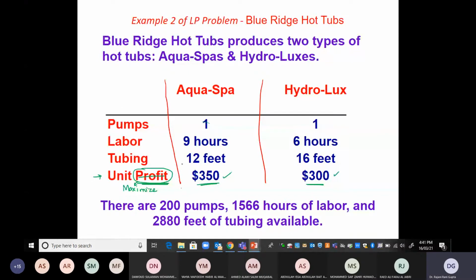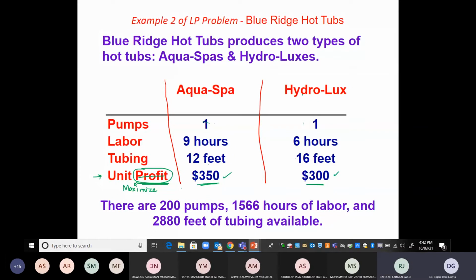No. What about the tubing? Is it in your control that this needs 12 feet and Hydrolux needs 16 feet? You can select that you want either Aquaspa or Hydrolux.